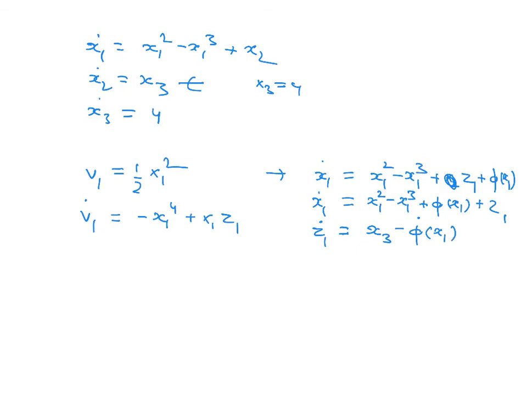Just, and then we're not going further, but we're taking v2 equals half v1 plus half z1 squared, right?